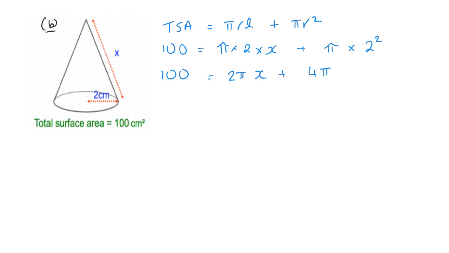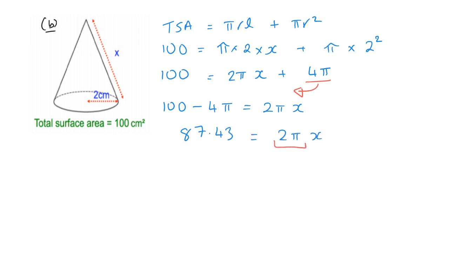So I'm going to bring this 4 pi over to the left hand side, and it's a plus on the right hand side, so it will become a minus on the left hand side. So 100 minus 4 pi gives us 87.43.